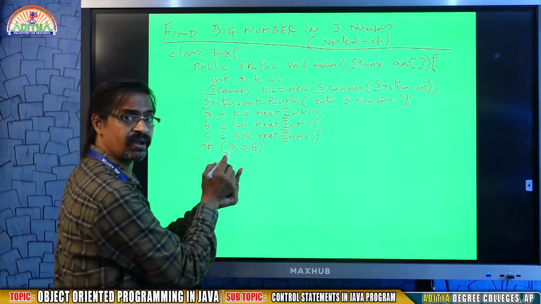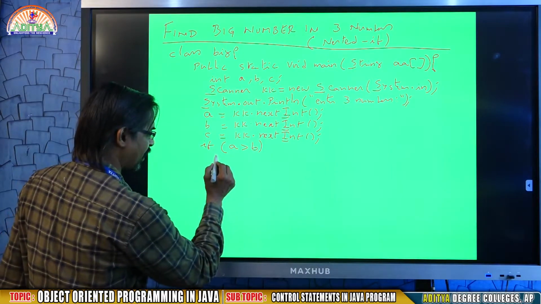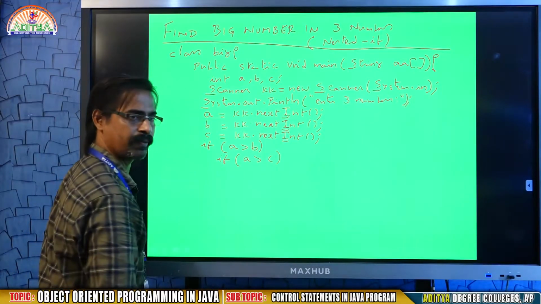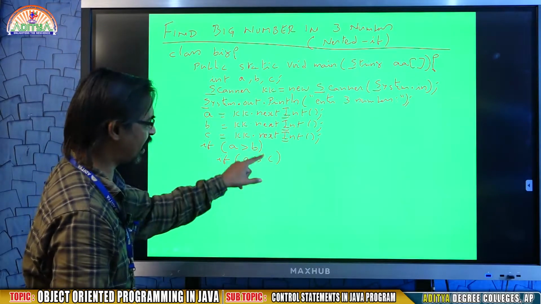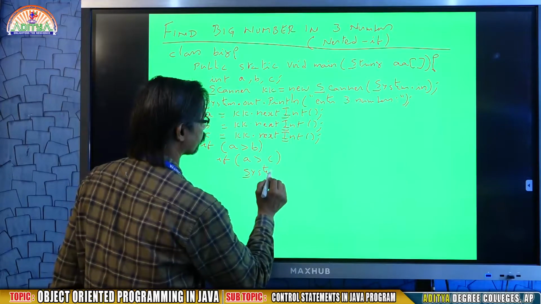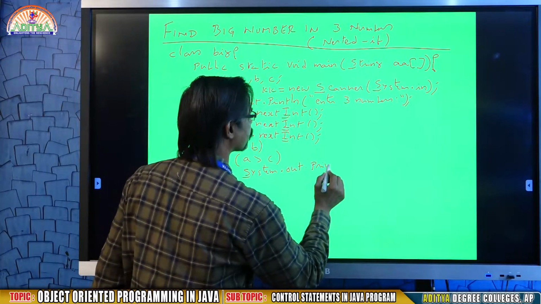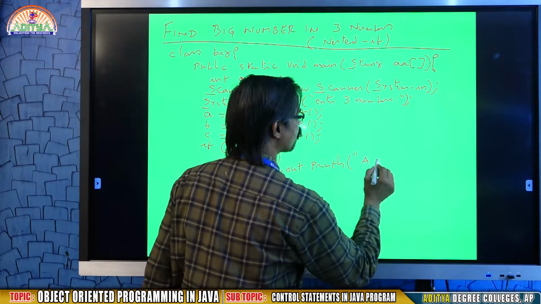Assume a is big, then we need to check with c, so I write another if statement: if a greater than c also. If a is greater than b, then it will come to another if. If a greater than c, then I write System.out.println, "a is big".